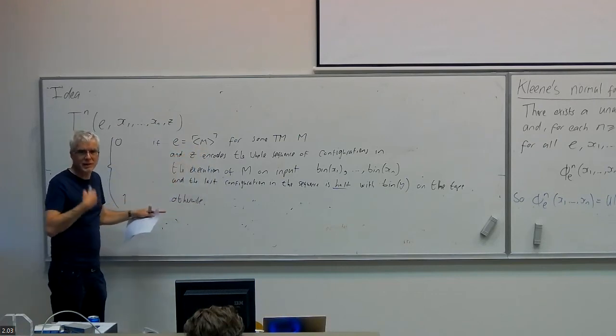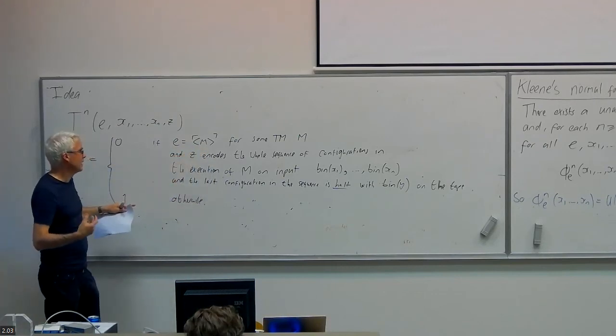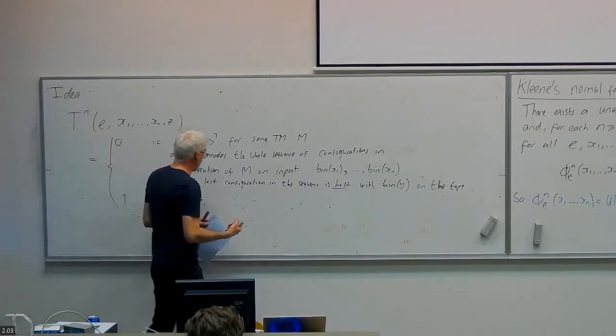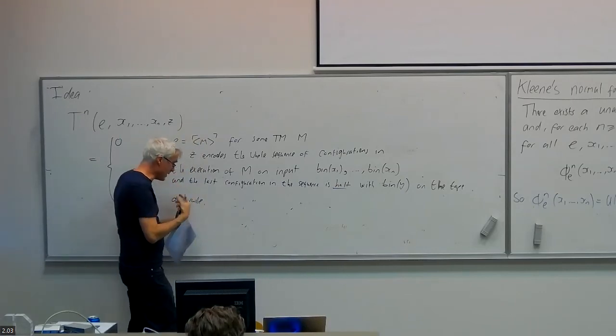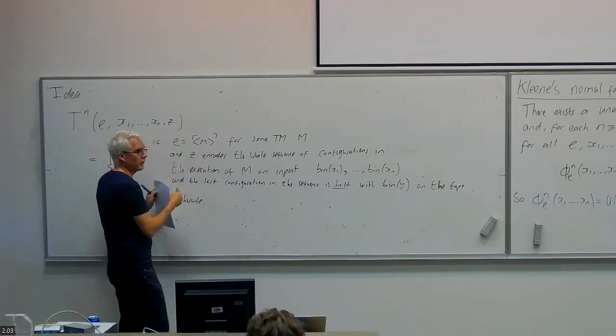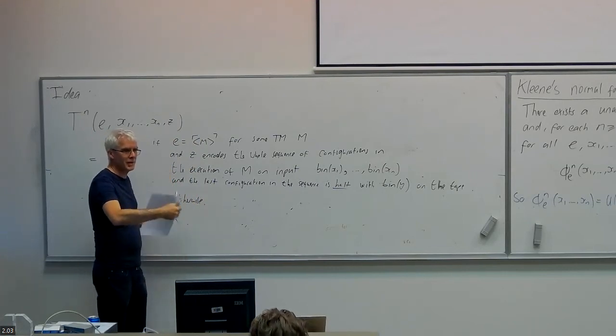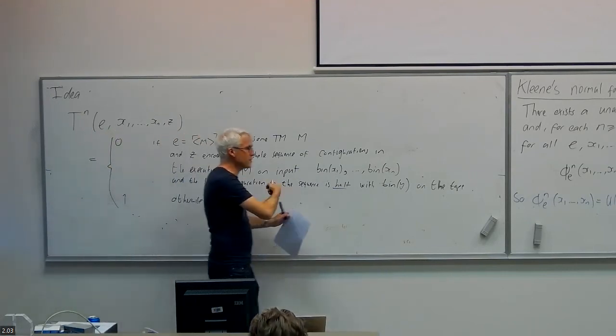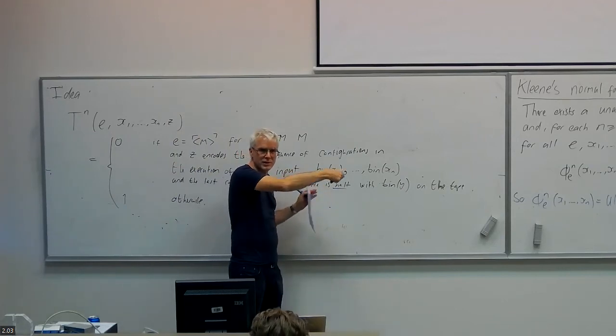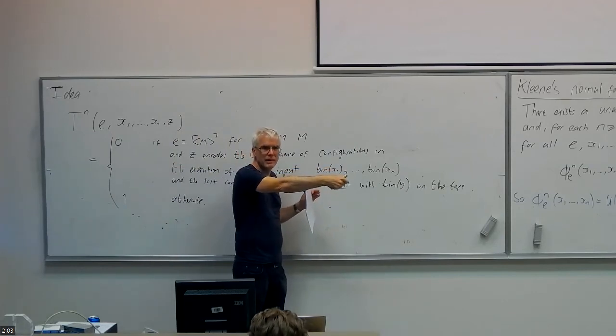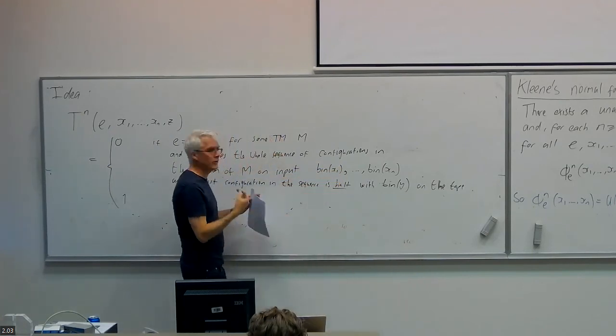Then we simulate the Turing machine E on the input sequence x1 through to xn, and we wait to see step by step. We look at the whole sequence of configurations from the start configuration to where we've got to, and we wait to see if we ever get one that's equal to z.